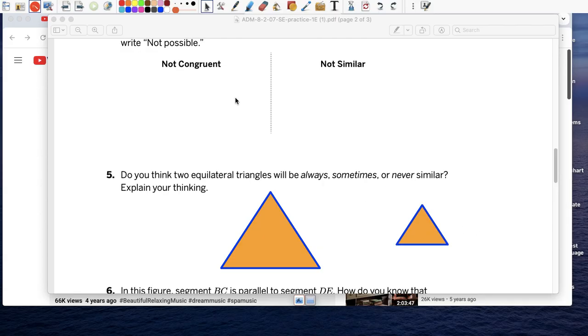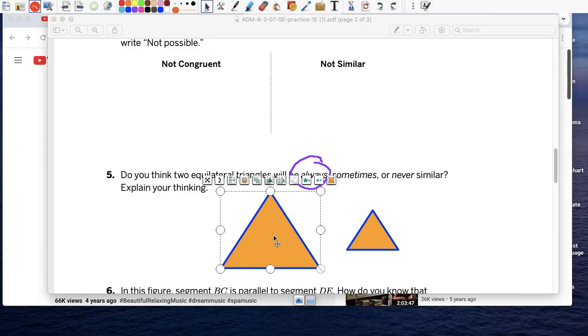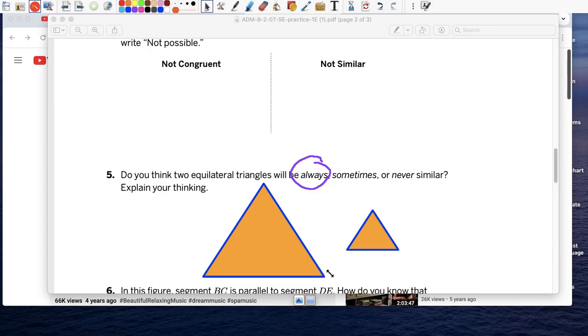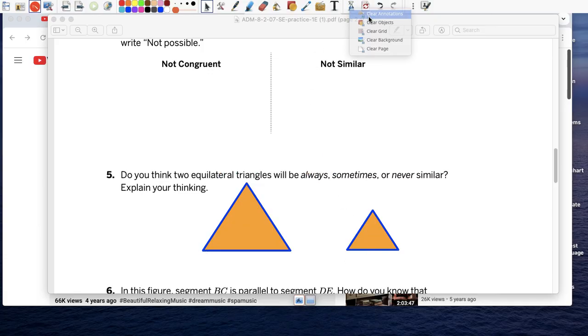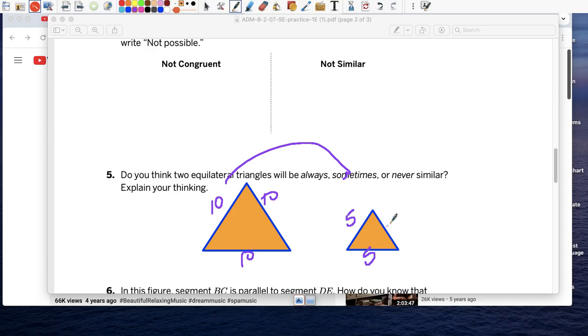In order to be similar, their angles are going to be congruent and their sides are going to be proportional, or the same scale factor is going to be used. And if that's true, with two equilateral triangles, they're always going to be similar. There's no way of me taking this triangle and enlarging it or dilating it and changing the length of one of the sides. It's just not possible. So no matter what this number is, let's say 10, 10, 10, there's no way of making this 5, and all of a sudden this is 4.